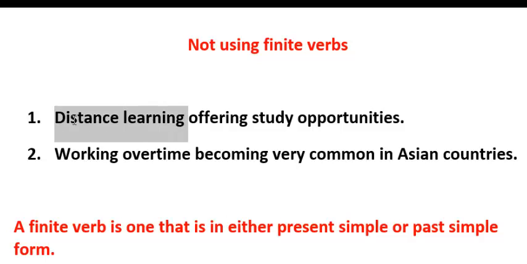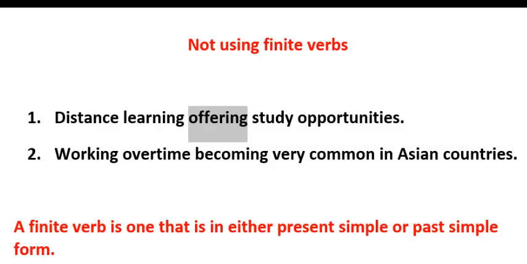So number one, here's the subject, distance learning. Now we have a verb-like thing in the middle, but it's not in a present simple form or a past simple form, so we know it's incorrect.